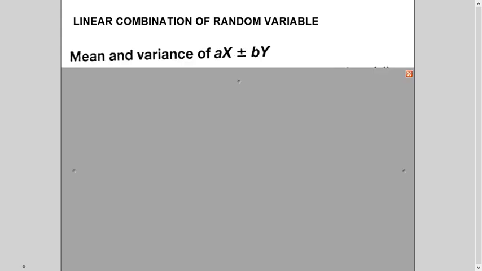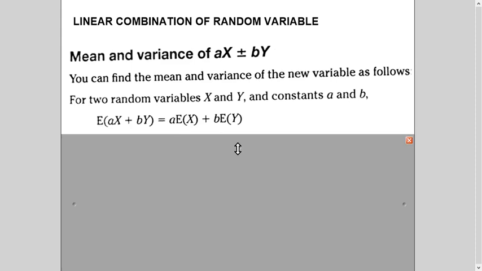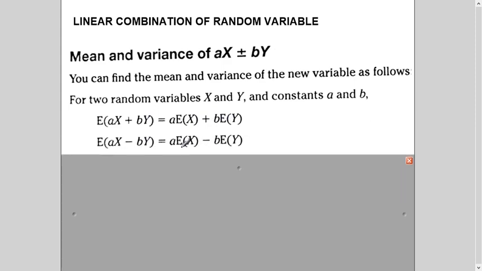Next, now you have ax plus by. Earlier we have taken only a constant. So exactly in the same way, it will be a times the mean of x plus b times the mean of y. With a minus sign in between, it is exactly the same, plus will be replaced by minus.